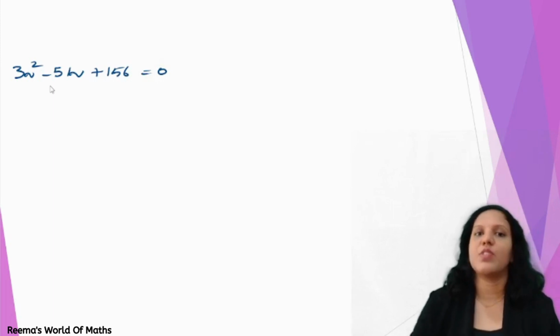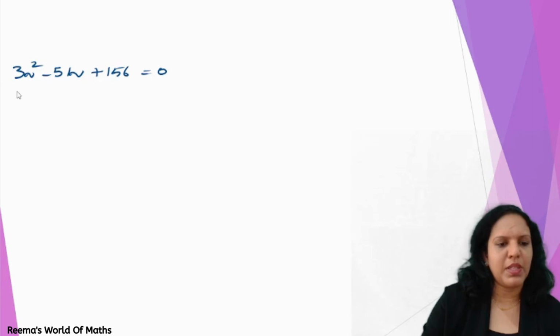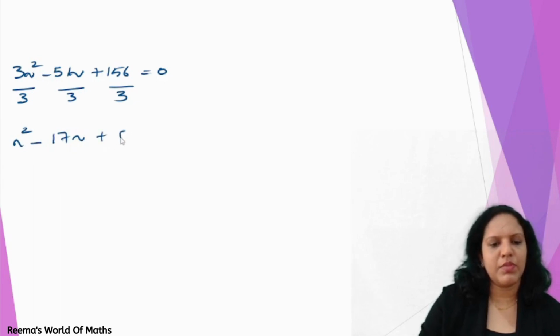All these terms are divisible by 3. Let's divide this by 3 and make it very simple. So that will be divided by 3, and by 3, and by 3. So that will be n squared minus 17n plus 52 equals 0.